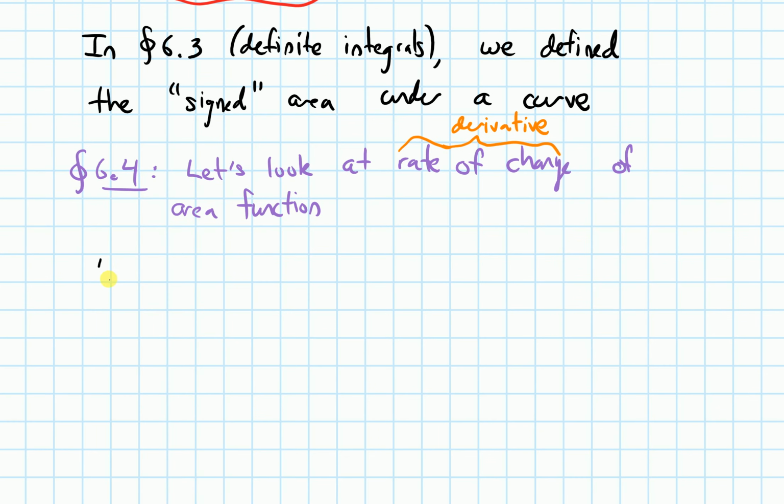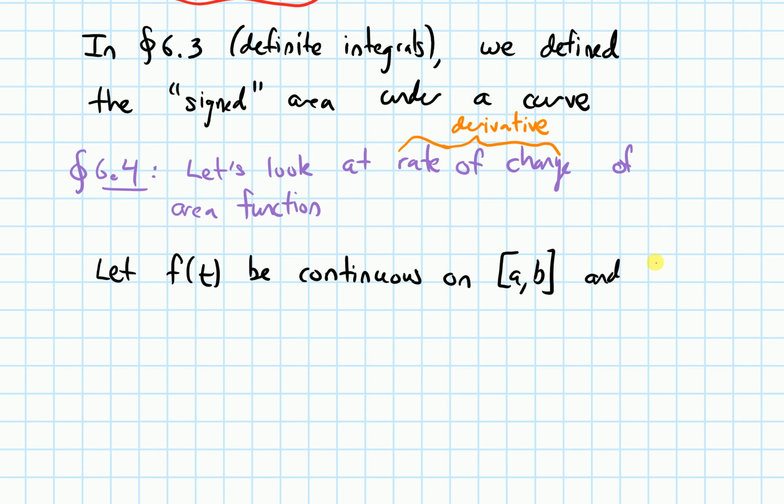All right, so I'm going to let f of t be a function that is continuous on some closed interval from a to b. And I'm just going to suppose that my function is always greater than or equal to 0. So it never goes negative on my interval.